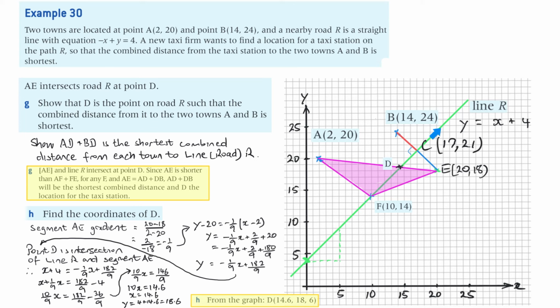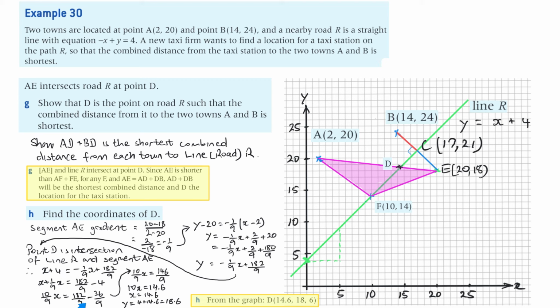We know the equation of this line here. So we know that at that point, x and y are the same for both the line equations. So what we're going to do is equate the y's. We're going to put x plus 4 on one side, and minus 1 on 9x plus 182 on 9 on the other side, because what we're saying here is that this y equals that y.